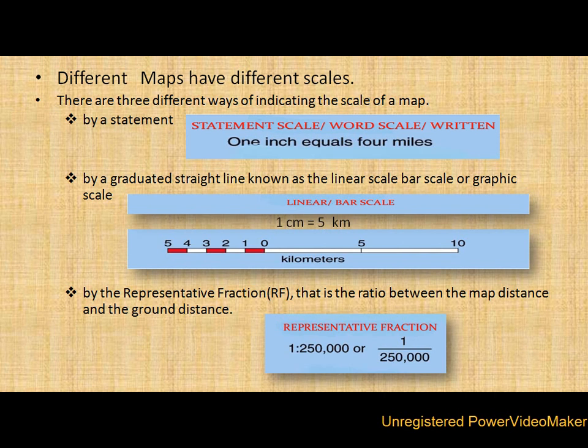Otherwise the one who is going through the map will not understand what the distance between two places is. In the earlier example of Delhi and Agra, if we do not say that the scale we used is 1 centimeter equal to 50 kilometer, then the one who sees that map will not understand what scale is used, and will not be able to identify the distance between these two places.